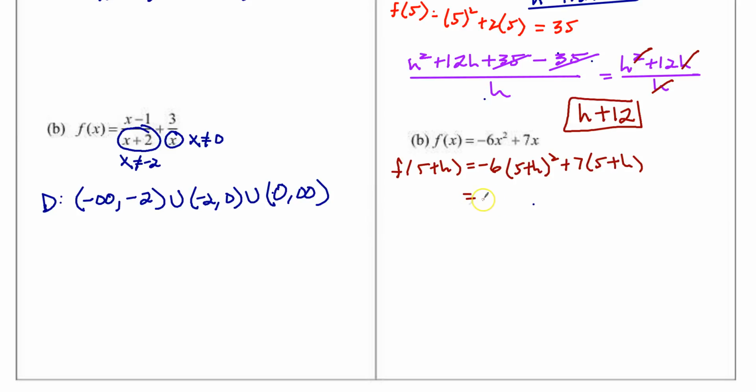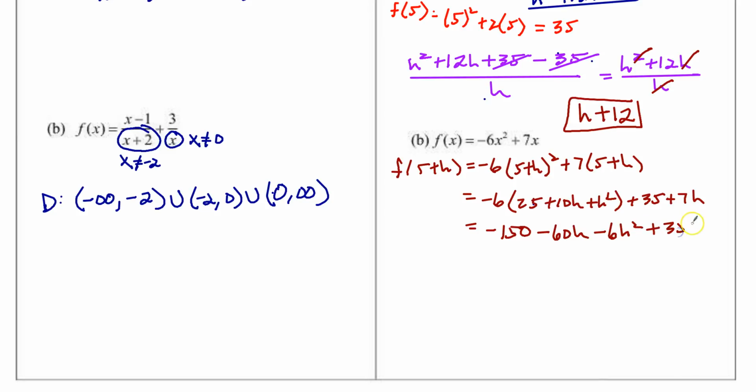So I'm going to get -6 times 25 plus 10h plus h squared plus 35 plus 7h. Multiply that through. I get -150 minus 60h minus 6h squared plus 35 plus 7h.